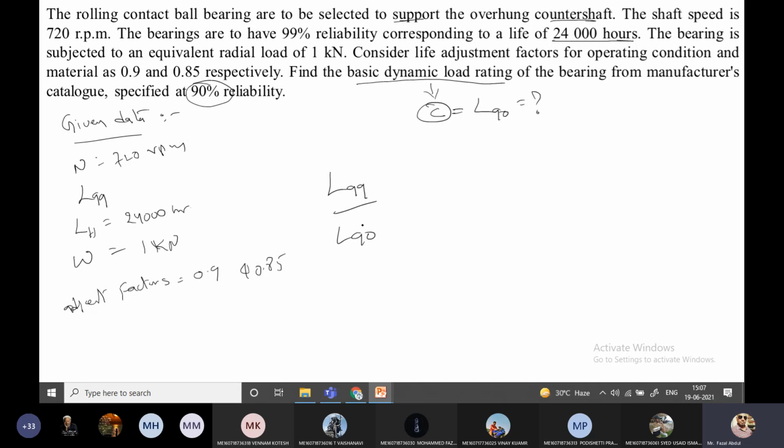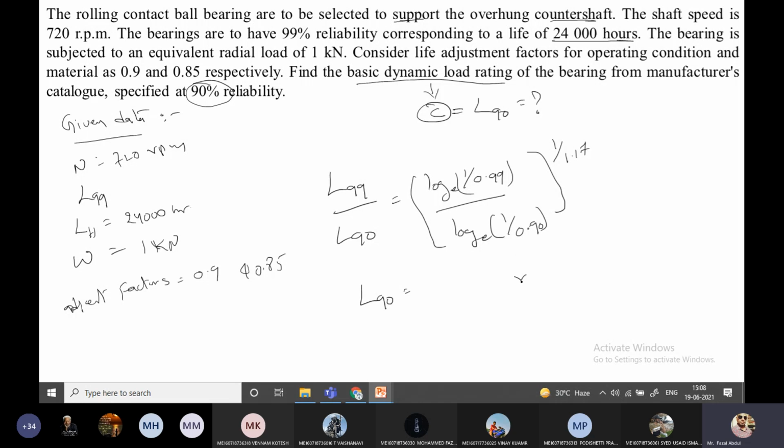But in the denominator we have a limit up to 90 only, because this is the basic equation: log e 1 by 0.99 over log e 1 by 0.90, power 1 by 1.17. With this relation we'll get the life for 90% reliability in number of revolutions.